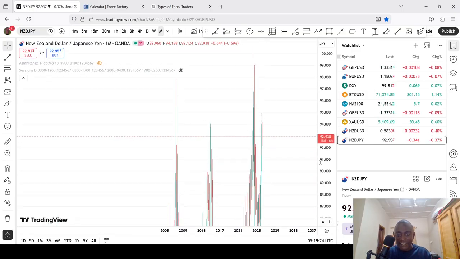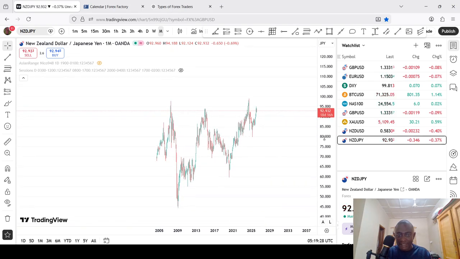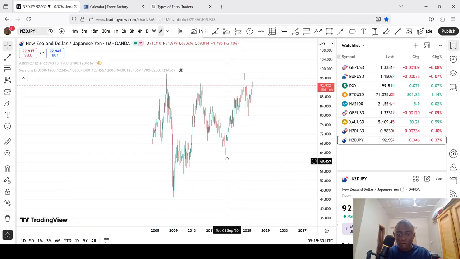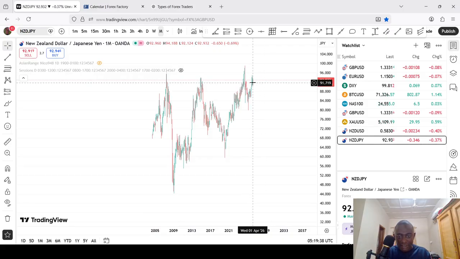Once I click, as I explained, each of the candles is representing 1 month, and this is showing me the monthly flow. And here you can see that here was January 2009, and the current price is this month, which is within 2026.